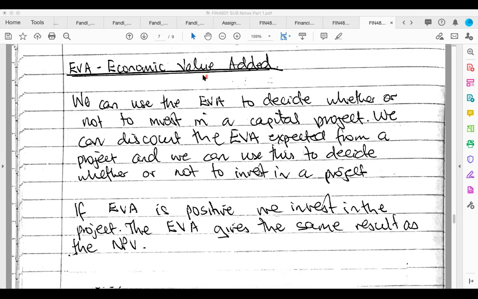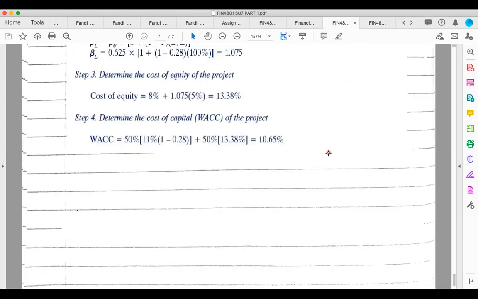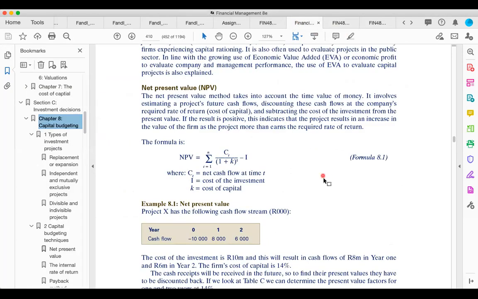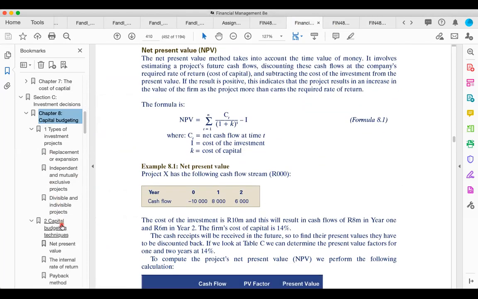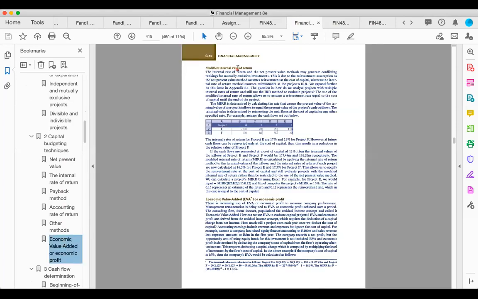Lastly, we have the economic value added, EVA. We've talked a lot about this, but at a high level, you can look at the formula to calculate the economic value added from your prescribed textbook or from the previous study units where we looked at it. They do talk about it here.